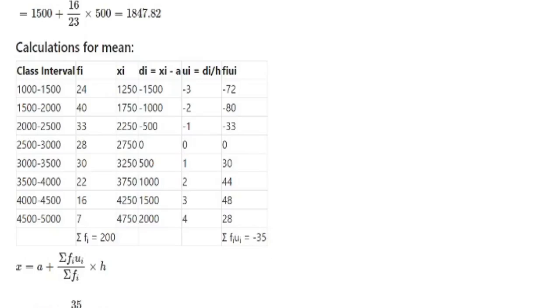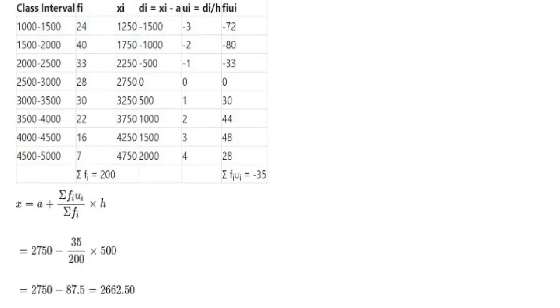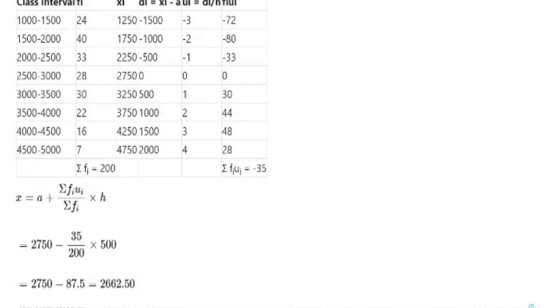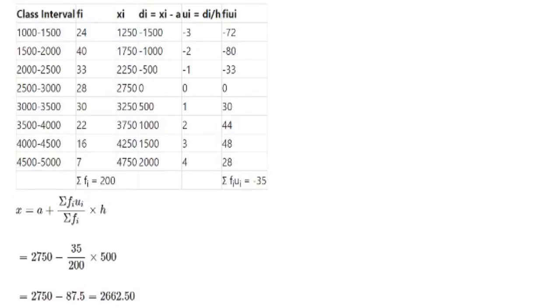So here in the formula we have to put the values. So here x bar, this is arithmetic mean, equal to a plus sigma fi ui divided by sigma fi, into h.